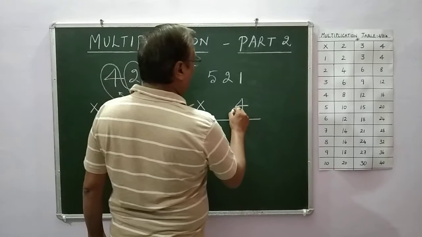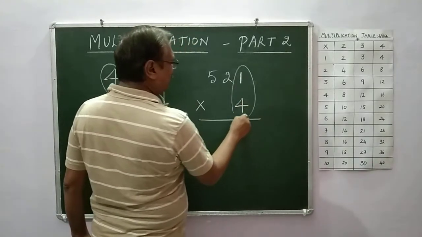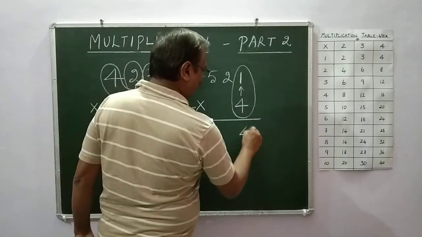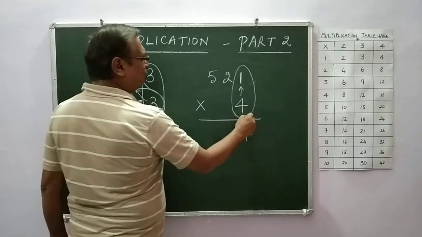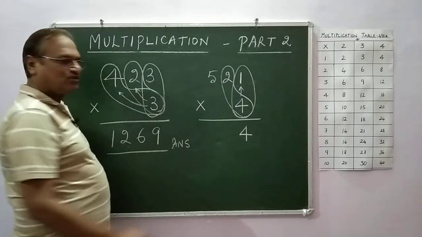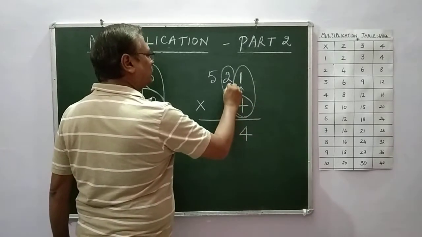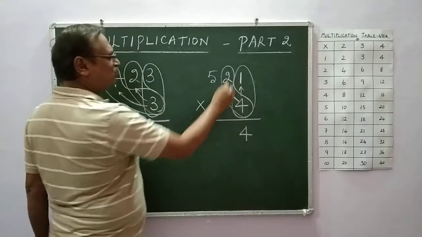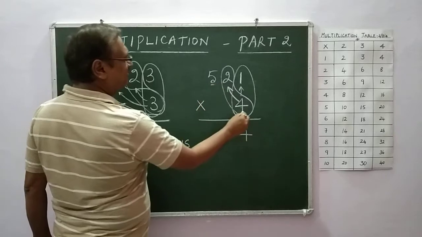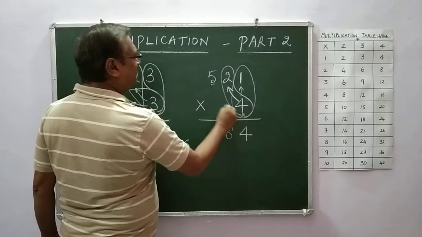Let me see now how I can multiply. Take the first one. 4 1s are 4. Very good. Now 4, and what is this number? 2. Now multiply 4 and 2. 4 2s are 8.